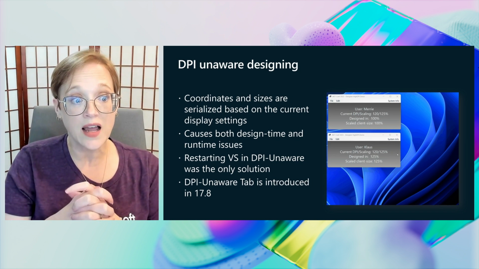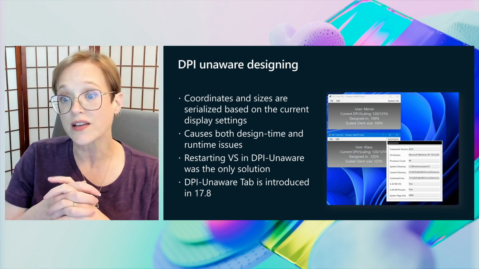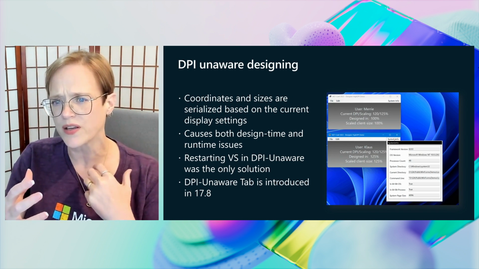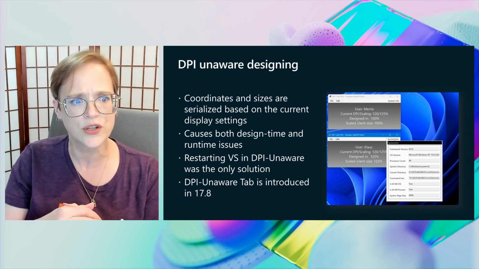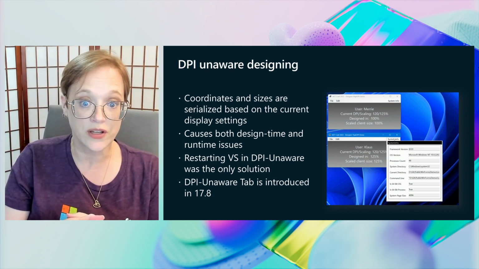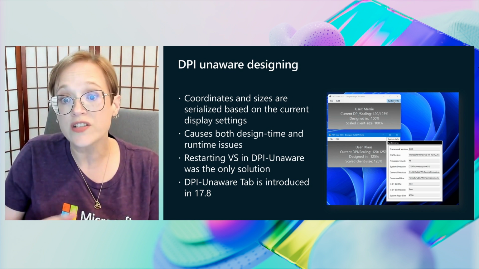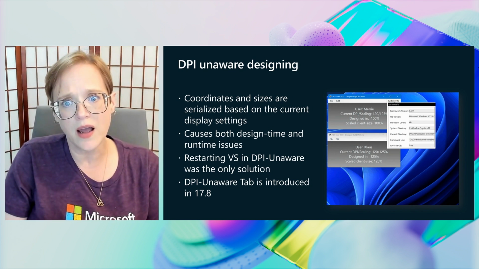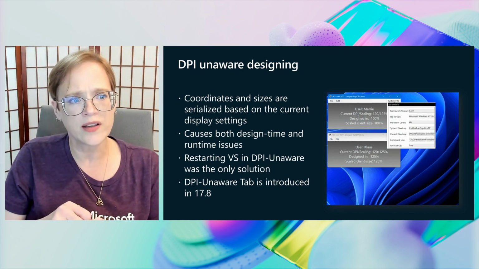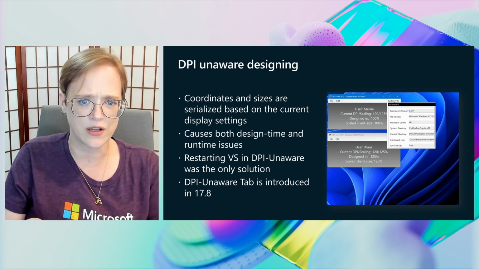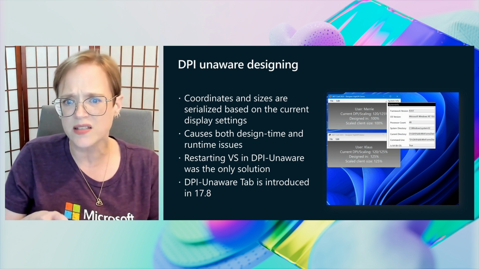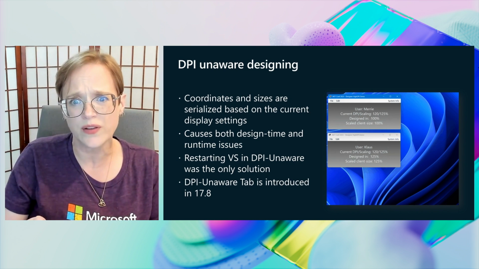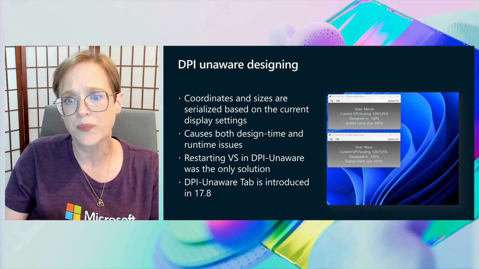In 17.8, we introduced a way to resolve this, because in .NET Framework, the only thing you could do was restart Visual Studio altogether. And when you restarted Visual Studio in DPI unaware mode, what you ran into was all of Visual Studio being blurry and pixelated and just difficult to work with because it was all at 96 DPI.